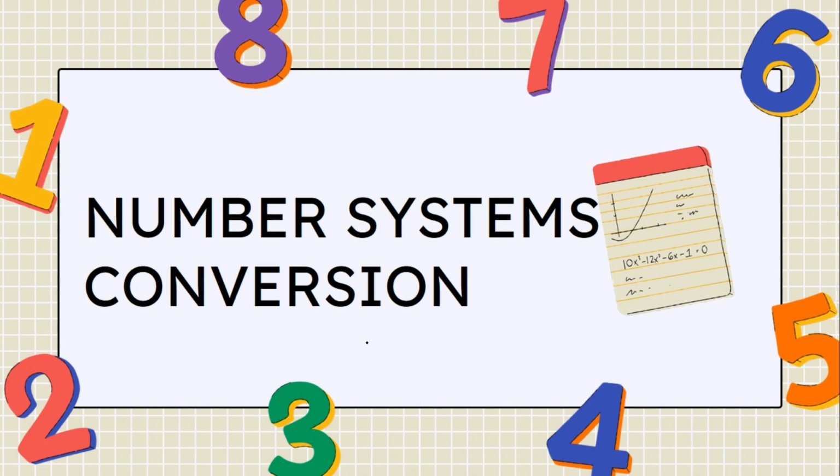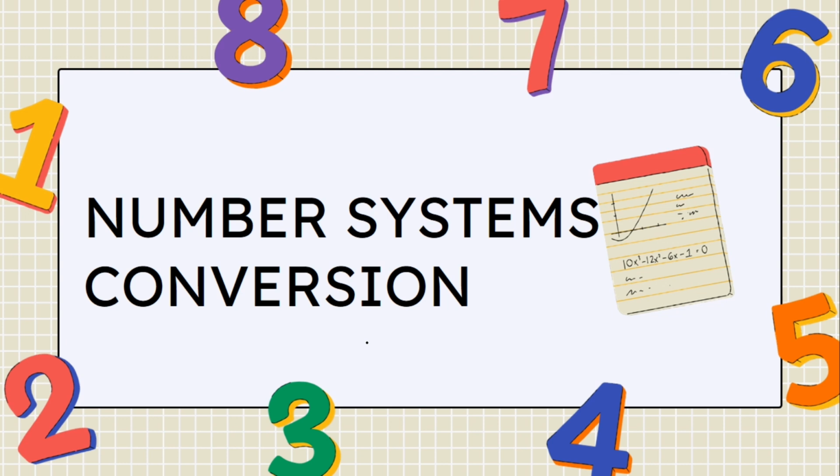So, it means each number system pwede siya ma-convert to another number system, just like what we did earlier na ang binary gi-convert into decimal. So, decimal ma-convert into binary, decimal ma-convert to octal, and so on.